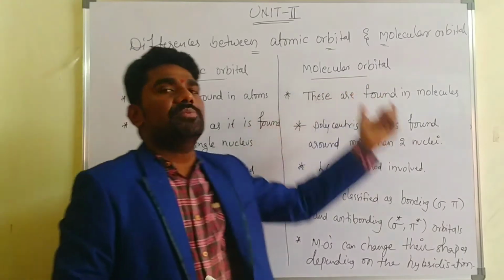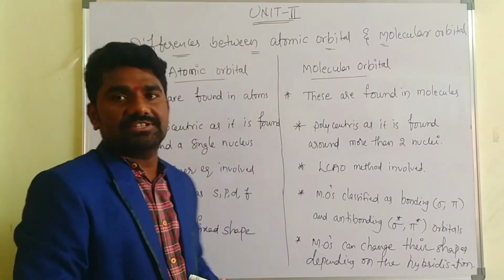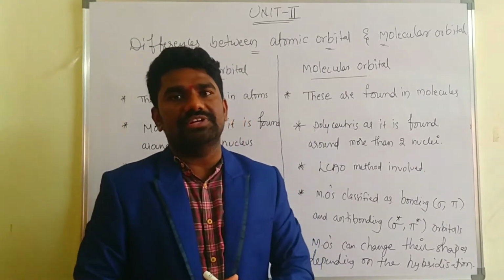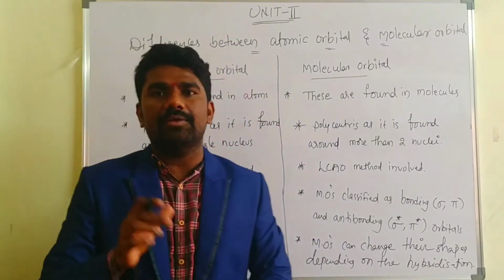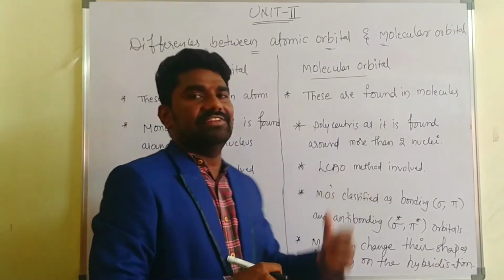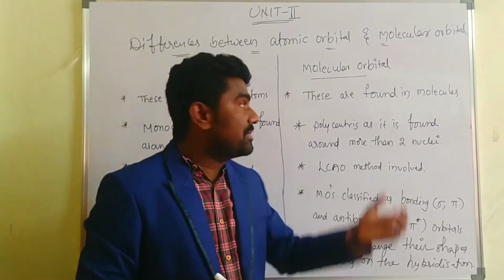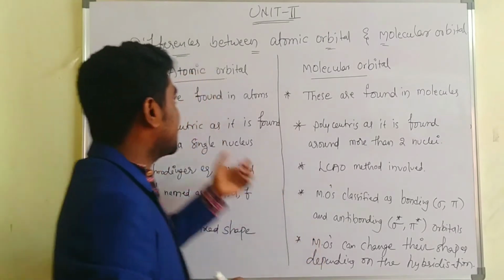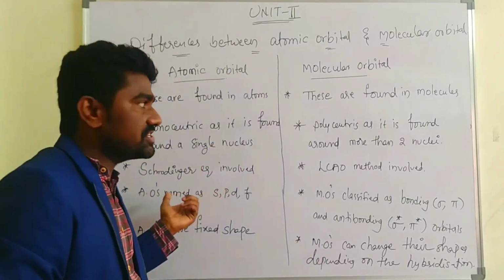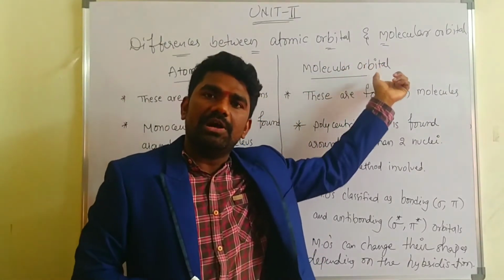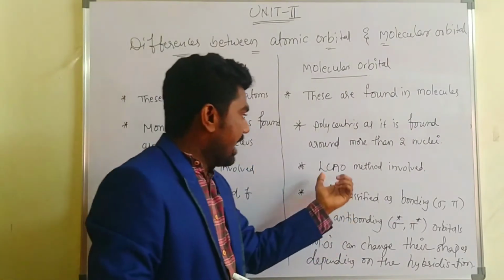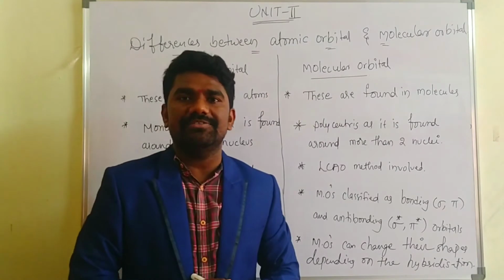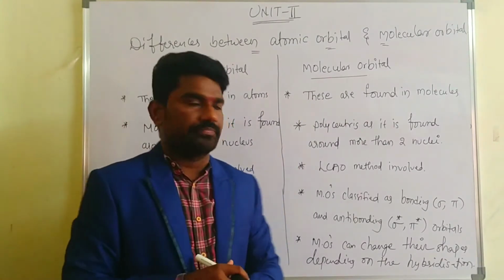But in the molecular orbital formation, as we discussed in the previous class, the LCAO method is involved, that is, linear combination of atomic orbitals is involved in the formation of the molecular orbital.